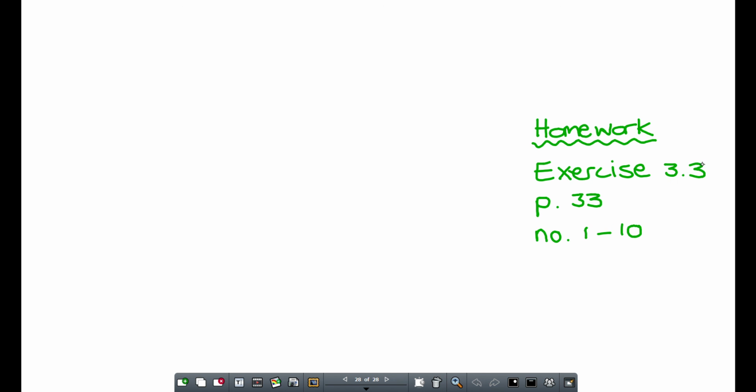Let me show it on the next page. It's actually 2 over 1 times, what was it? 3 over 5. And 2 times 3 gives me 6. And 1 times 5, 5. Use calculator, no? Okay.